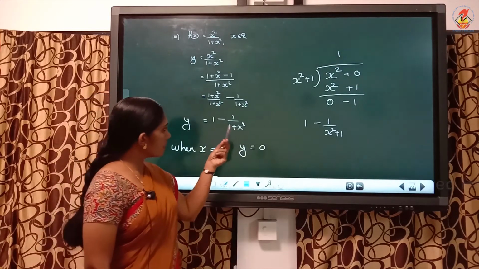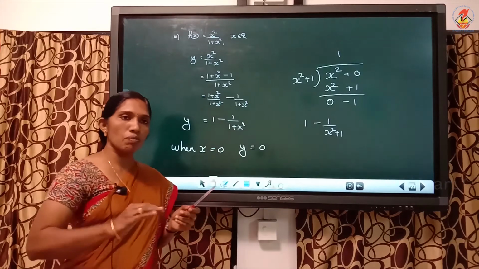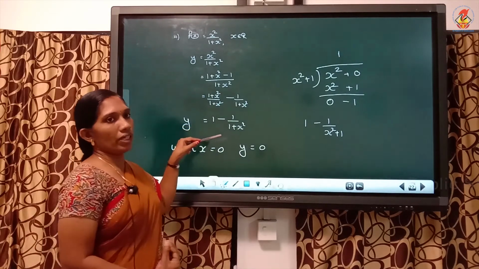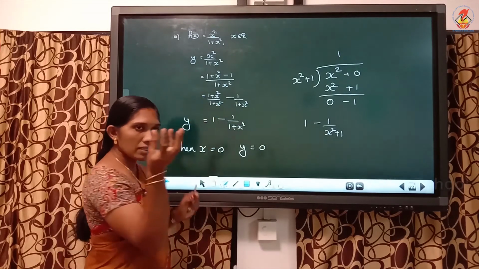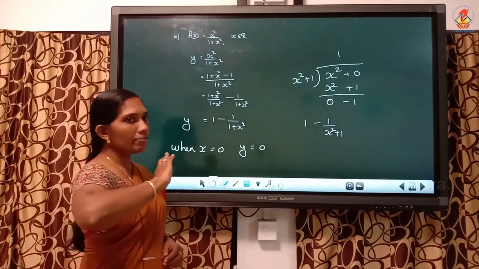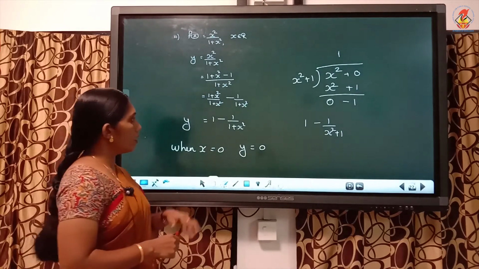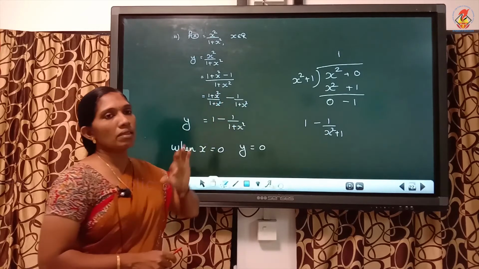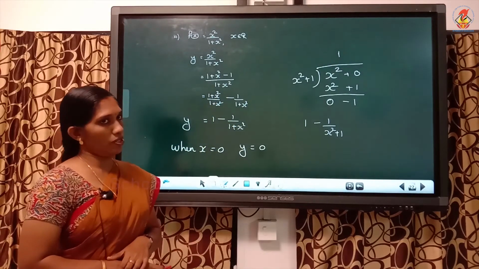If x is a positive number, 1 plus that number is more than 1. 1 by that is less than 1. So 1 minus a small value is less than 1. It cannot be equal to 1. Equal to 1 means this complete part becomes 0. That is not at all possible.